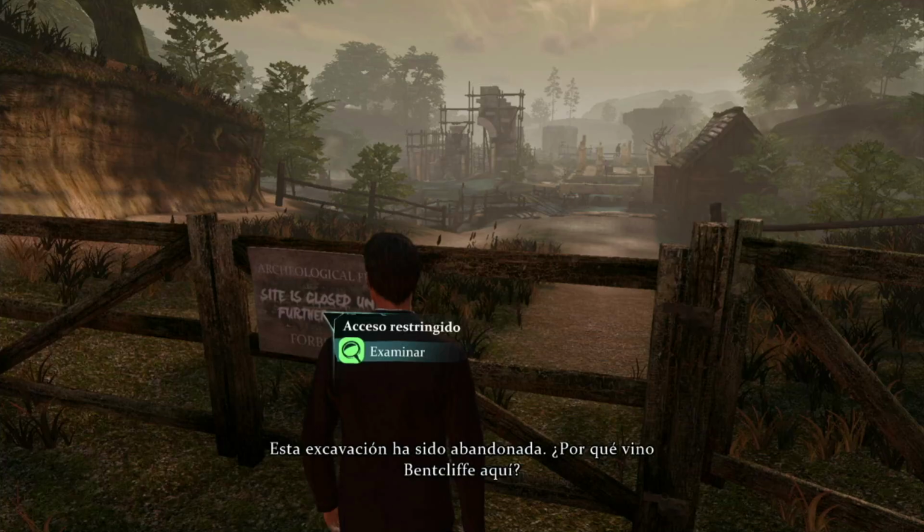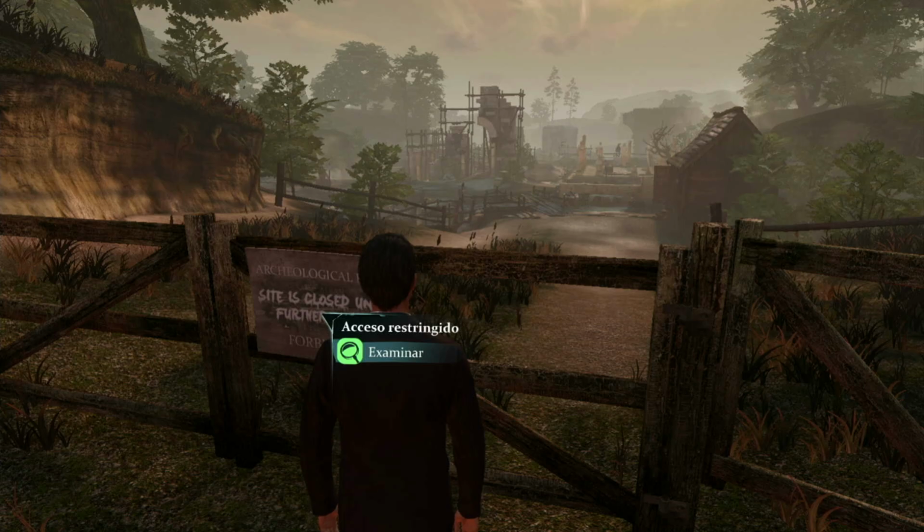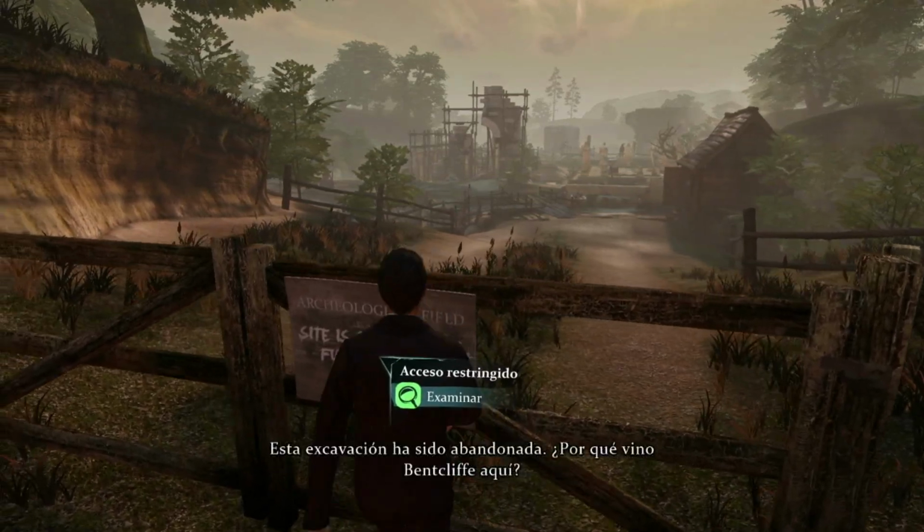This archaeological site has been abandoned. Why did Bentcliffe come here?